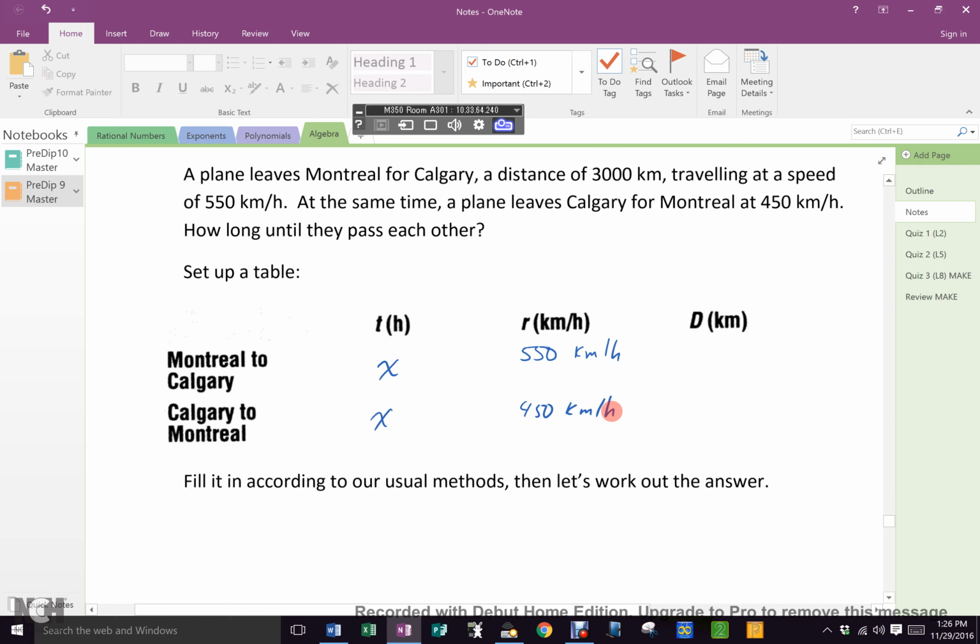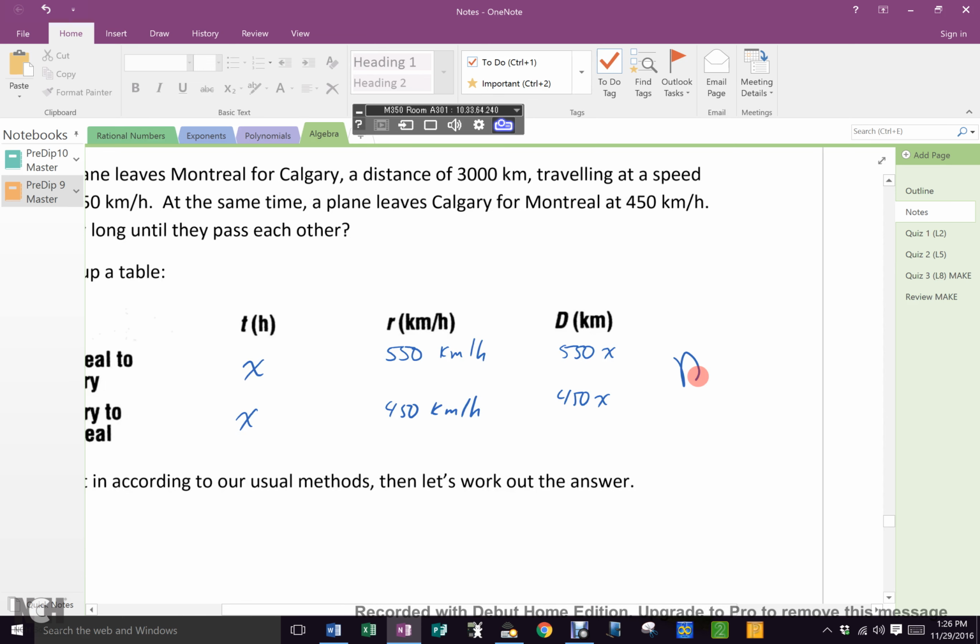And what distance are they traveling? 550 times x and 450 times x, because distance always equals rate times time.